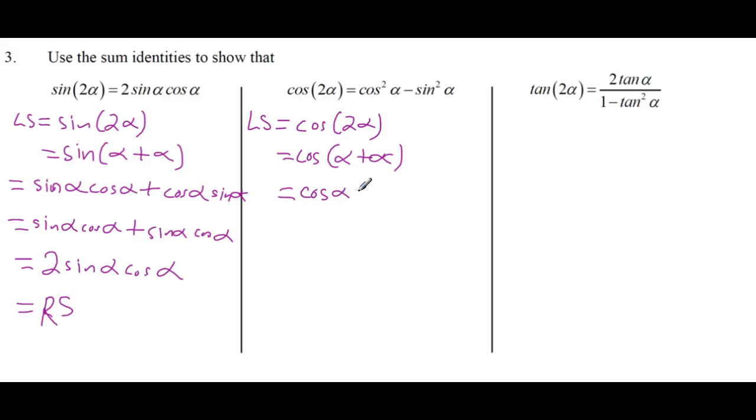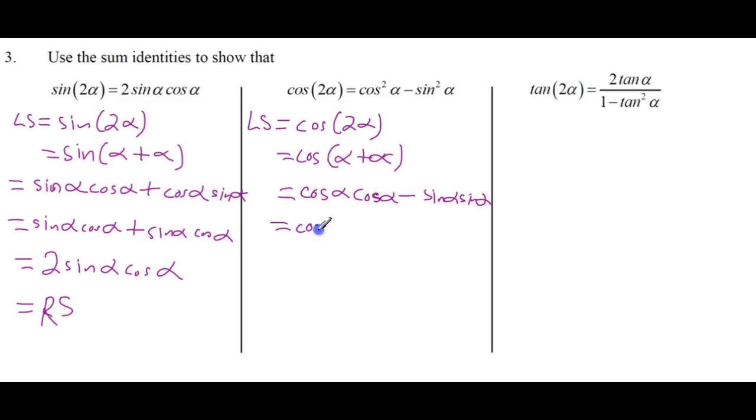So in this case, they're both the same, so it's going to be cos alpha cos alpha minus, there's that thing with the cos one, sine alpha sine alpha. This is your beta, but it's an alpha, so where we would normally see a beta, we're writing the alpha.